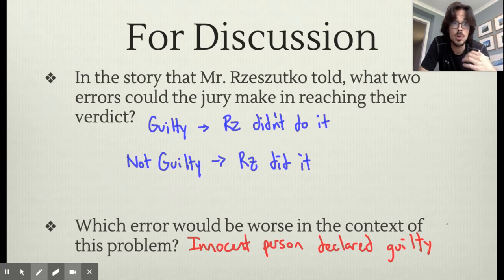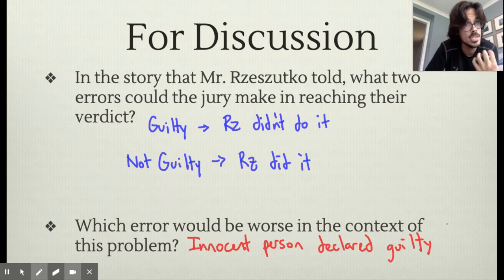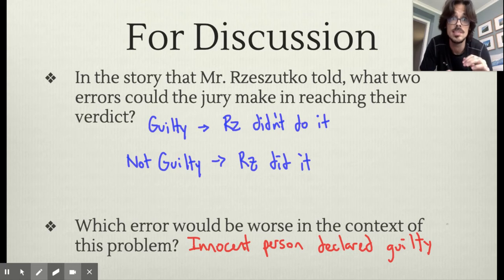Letting a guilty person go free would also be a bad thing, but you have to weigh those two factors. How strong does the evidence need to be before you're convinced? If those two pieces of evidence were enough to lock somebody away, you would send a lot of innocent people to jail, or people who didn't commit that crime to jail.